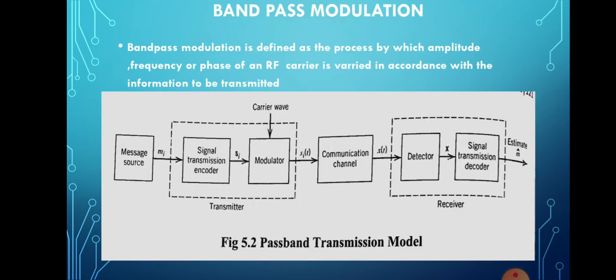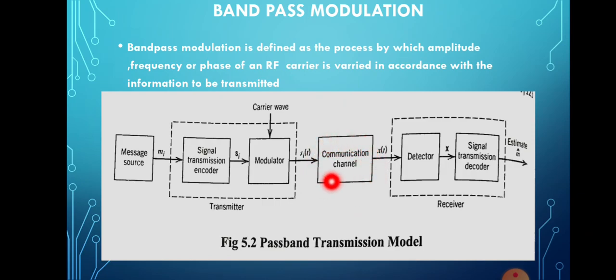The channel produces the output x(t); the input is si(t) and the output is x(t). This means x(t) will have some noise components. We assume the noise introduced by this channel is white Gaussian noise, which has zero mean and power spectral density of N0/2, and we went through white Gaussian noise in the third module.